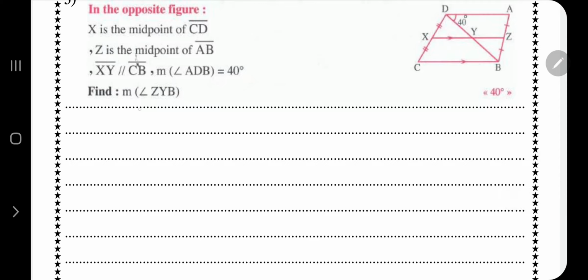Another example, he asked me to find the measure of angle ZYB, here this angle.